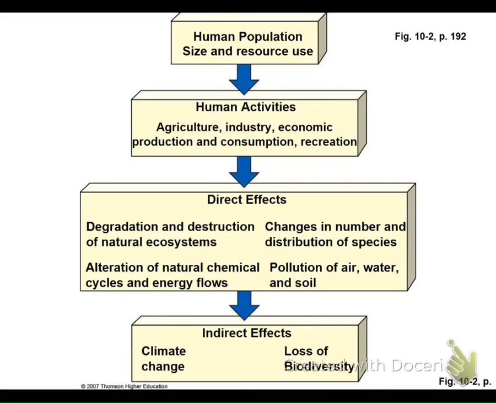This one is basically saying, as our population increases, we increase the amount of agriculture. We increase the amount of industry, the polluting industry. Our economic production and consumption leads to more agriculture, more industry, but we also need to undergo recreation. The effects on the environment are destruction.